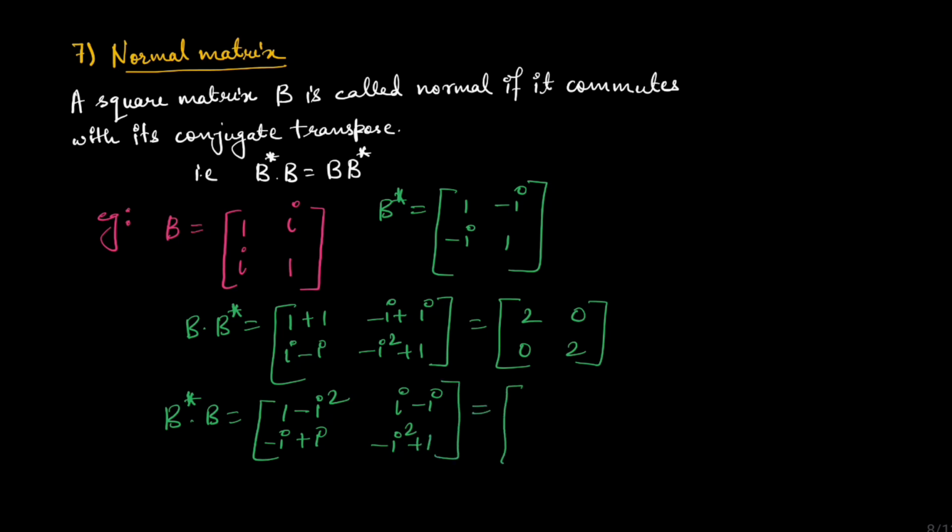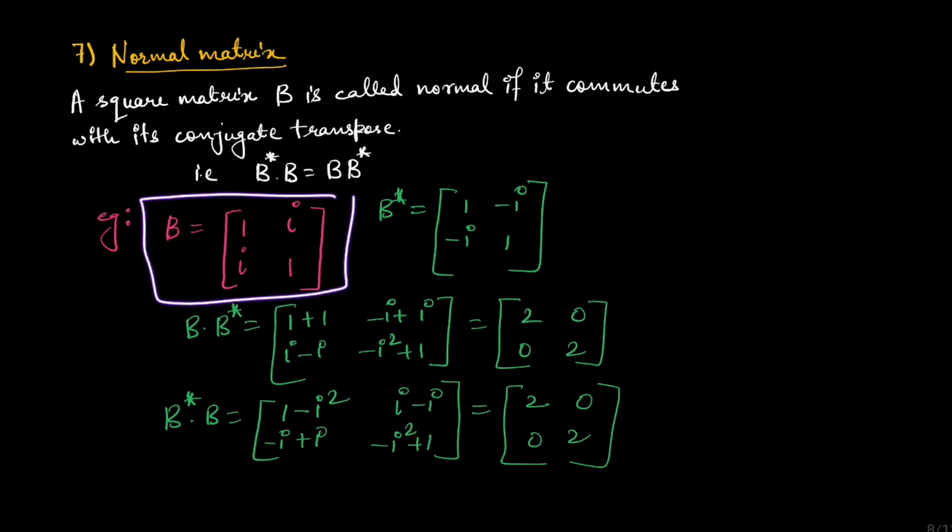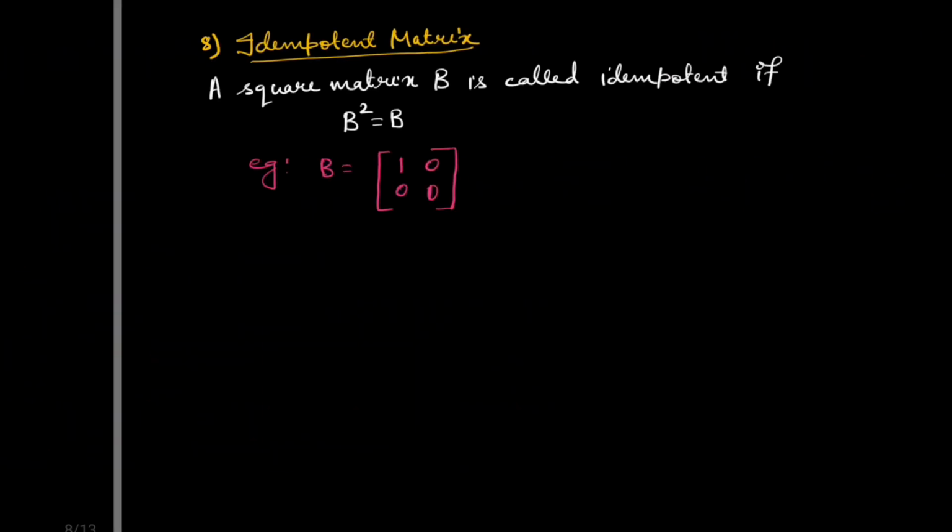If you simplify, this will be 2, 0, 0 and 2. Since we can see that this result and this result are the same, we can say that the conjugate transpose is commuting with the matrix B. So we can say that B is a normal matrix, right?